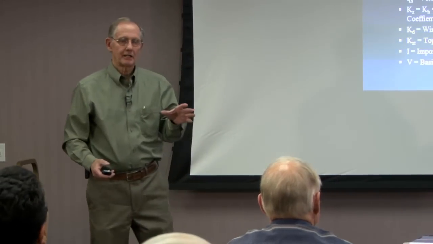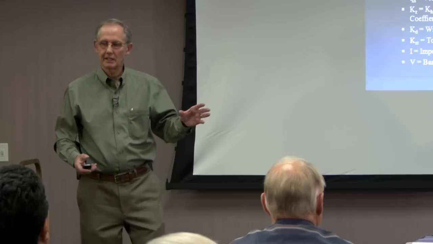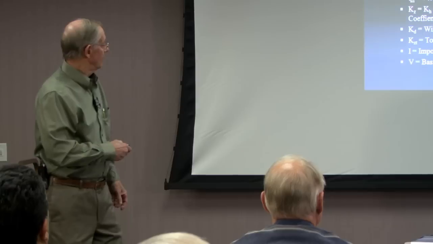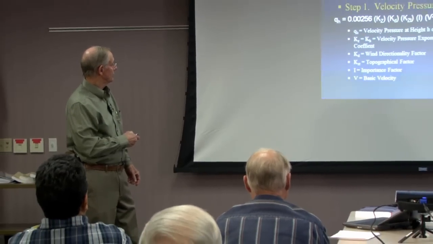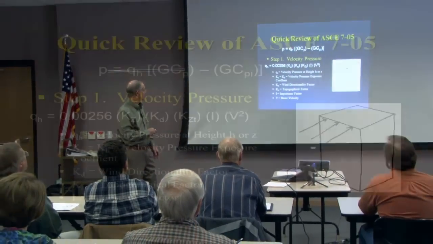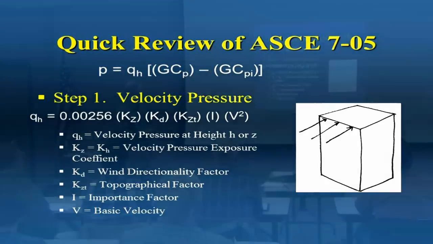Just before we get started on the differences, I'm going to recap real quickly wind design according to ASCE 7-05. The basic equation for the wind uplift pressure is going to be the velocity pressure times the exterior coefficient and the interior pressure coefficient together, and you'll end up with the uplift pressure.